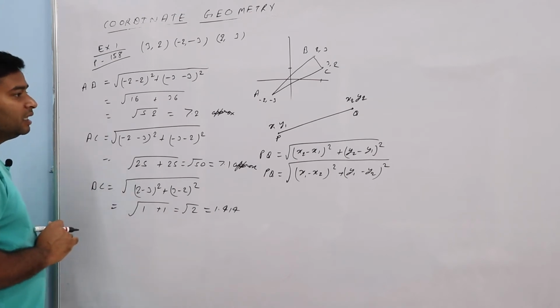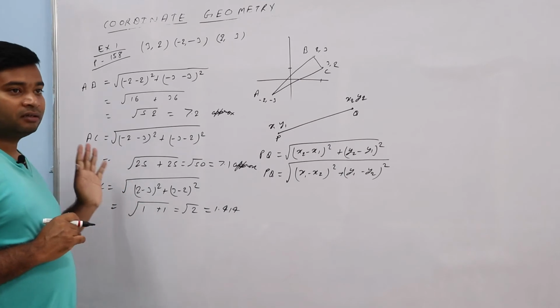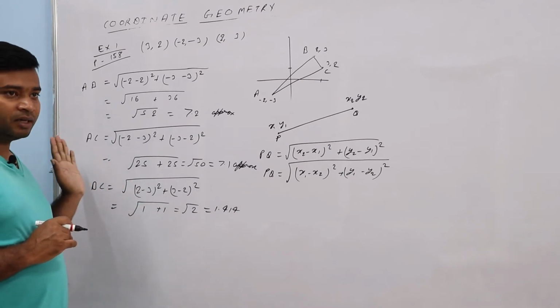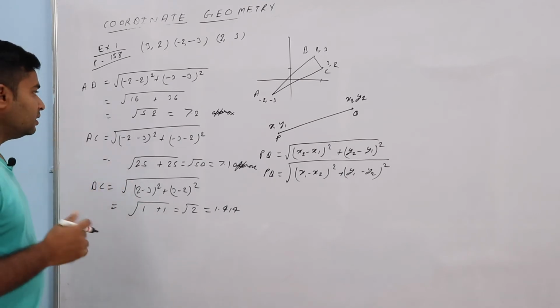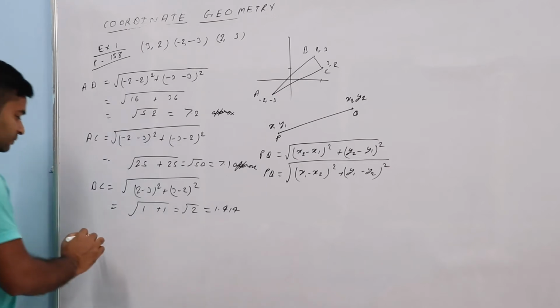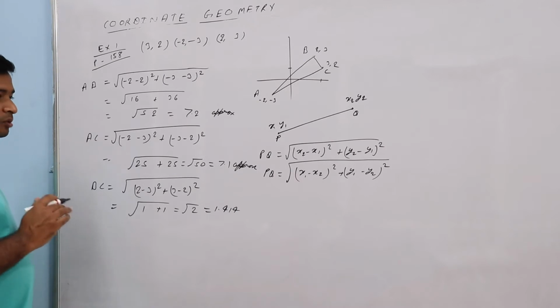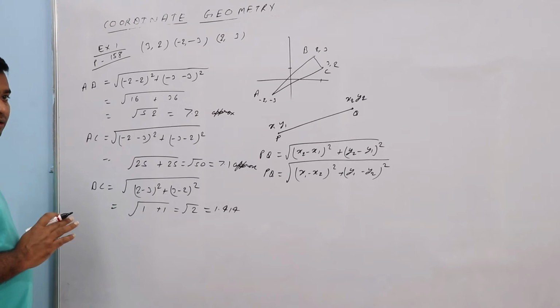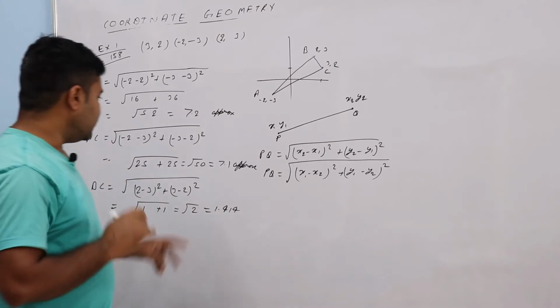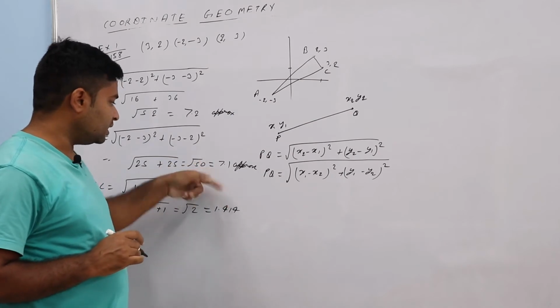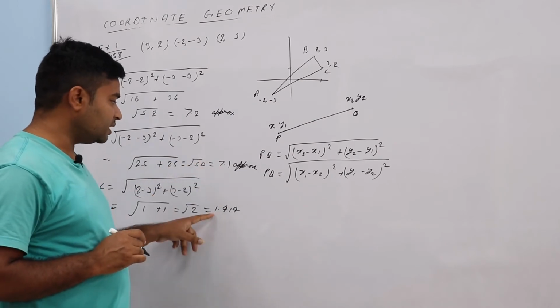Correct na? Achha. Now what is the condition for becoming a triangle? The rule is that the sum of two sides must be greater than the third side. Correct na? Now add. If I am taking these two, 7 plus 1 is 8.